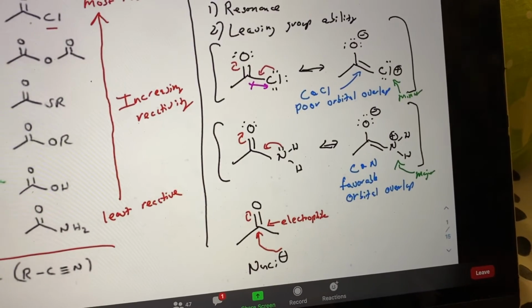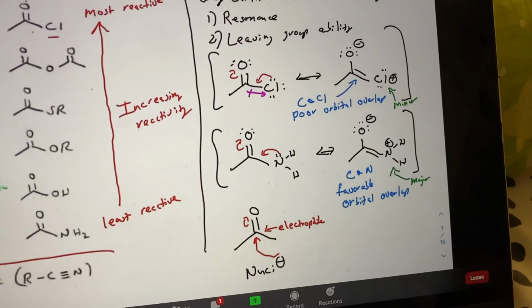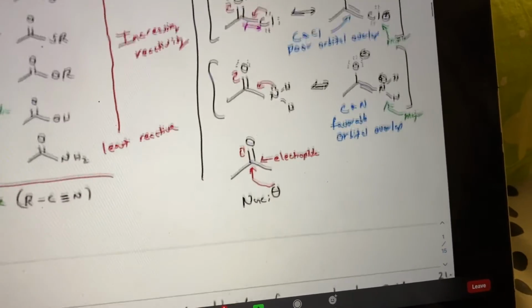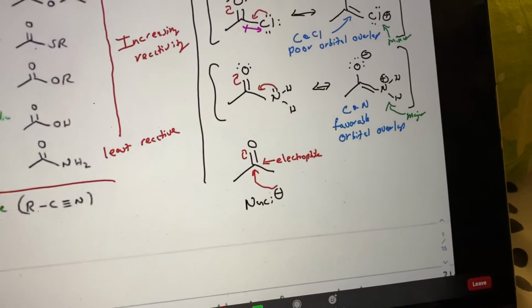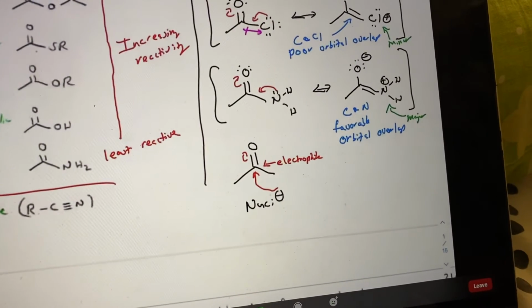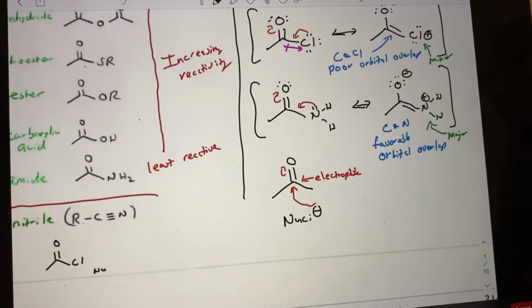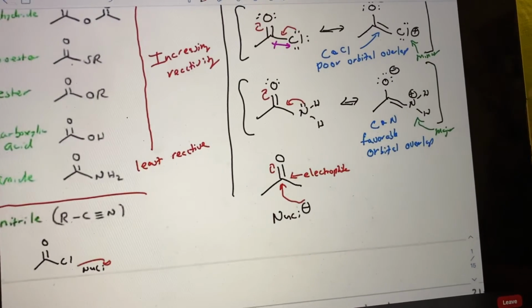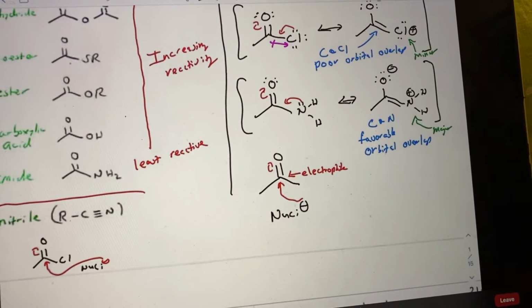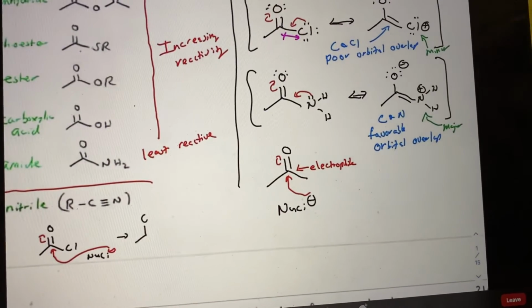And then last is going to be the leaving group ability. So in this particular case, I'm going to save much space here. Let's have a nucleophile attack. I have a negative charge there. Tetrahedral intermediate. Let's draw it as a one-way arrow here.